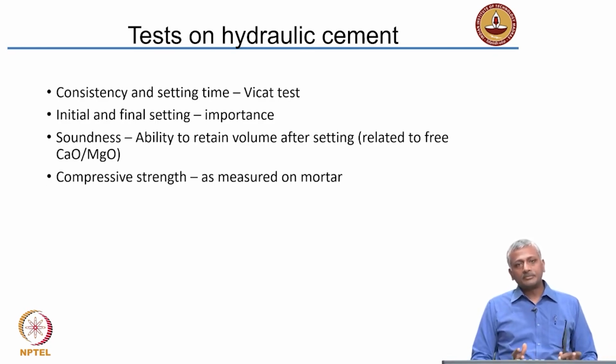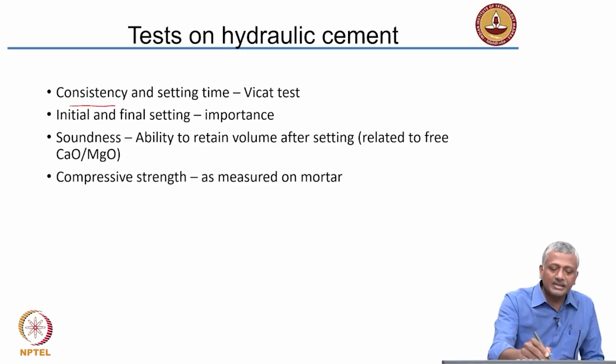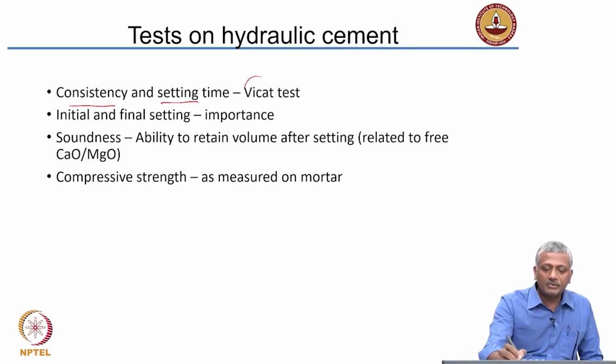You need to do some basic laboratory investigations to understand the quality of the material that has been received on site. So for that, of course, the Indian standards gives you the guidelines as to the tests that you need to do. The important tests that are required for cement analysis are the test of consistency and setting time, which is done with the help of a VICAT apparatus.